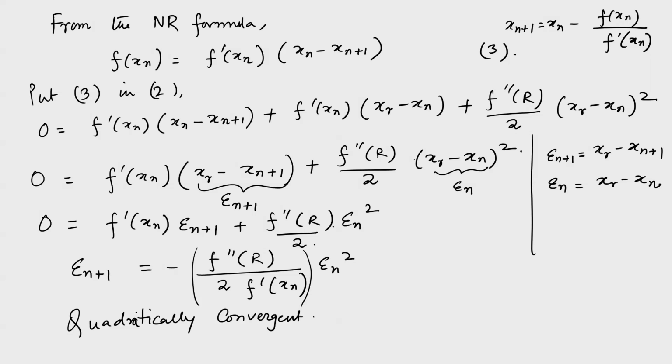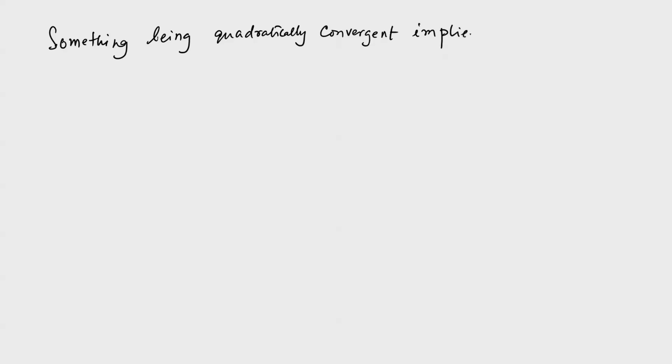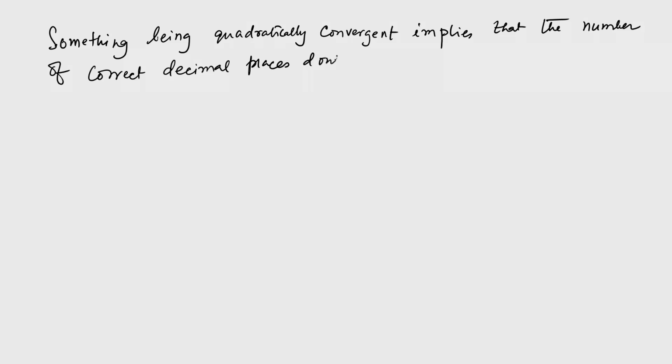convergent. Let us look at what it actually means for something to be quadratically convergent. It implies that the number of correct decimal places doubles after every iteration.